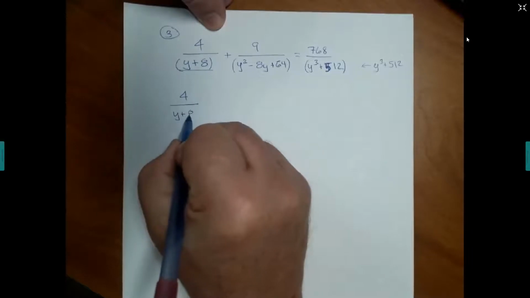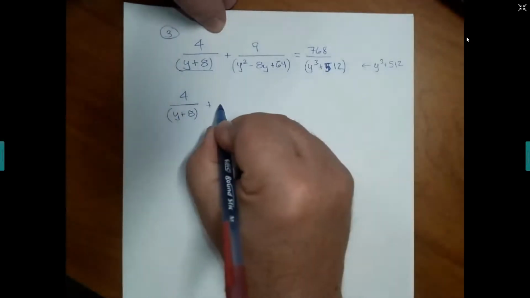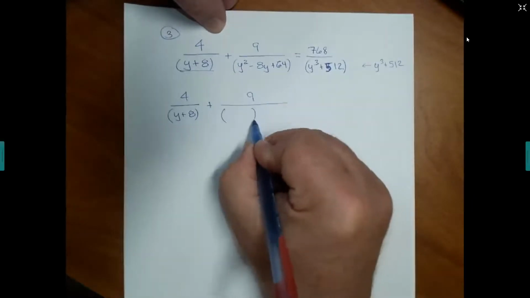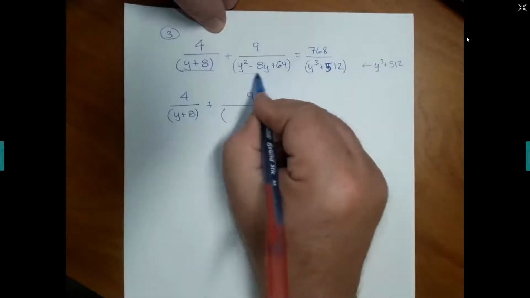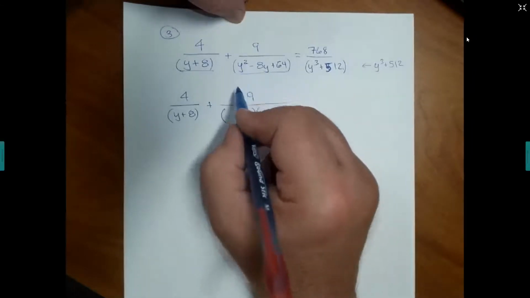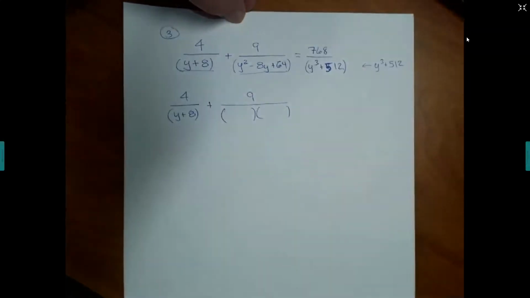That one's okay. Cannot break down any further. However, the middle one, since it's a quadratic, a trinomial, we can try to factor it out if possible.